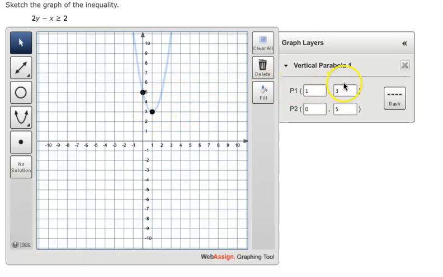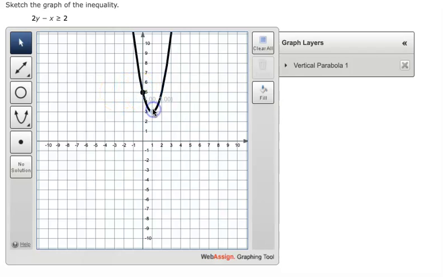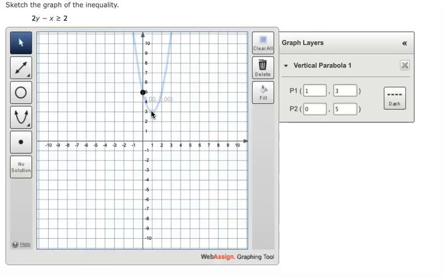There's even the case here where you can bring it up and preview, to make sure that your points are exactly where you wanted them to be. This one is at 1, 3, exactly where I wanted it to be, and 0, 5 here. How did I do that? I brought that up by clicking on this point. And in this case, it brings up a really important thing that we're going to be doing: I can change this solid line to a dashed line.